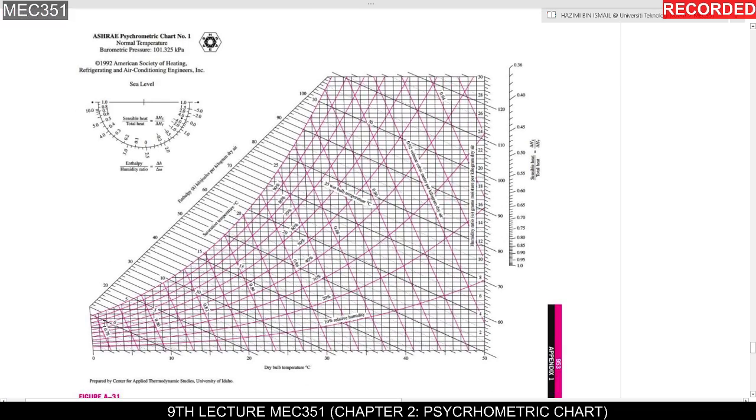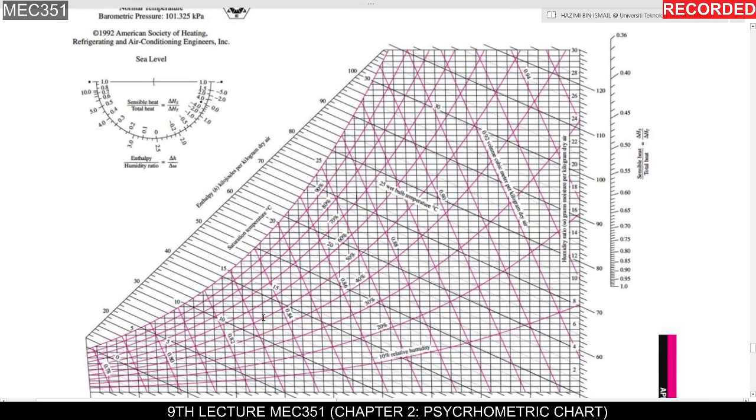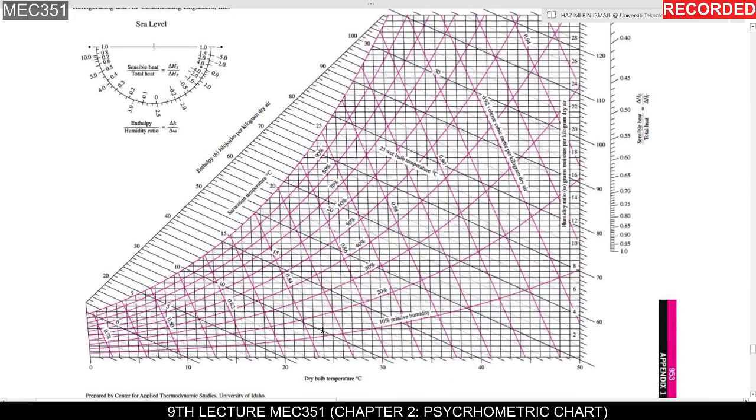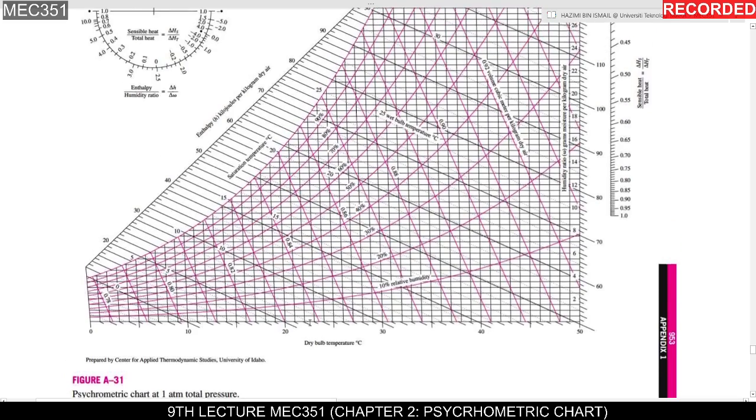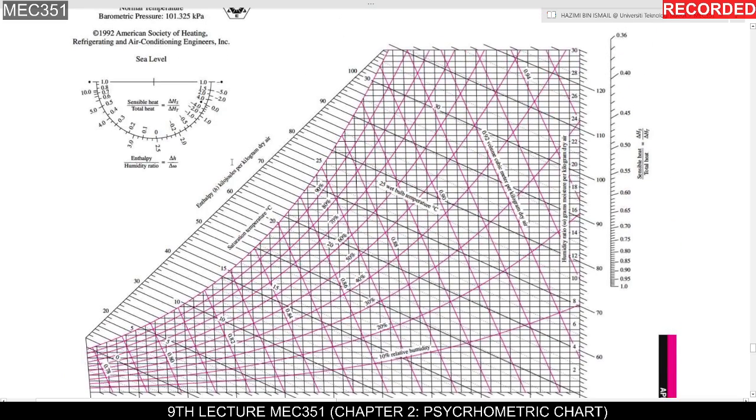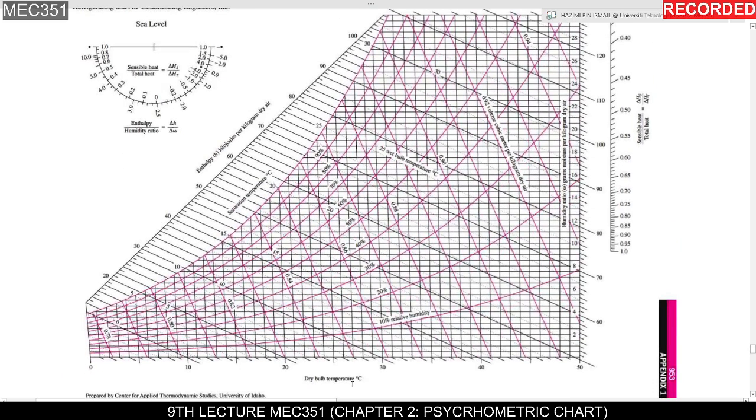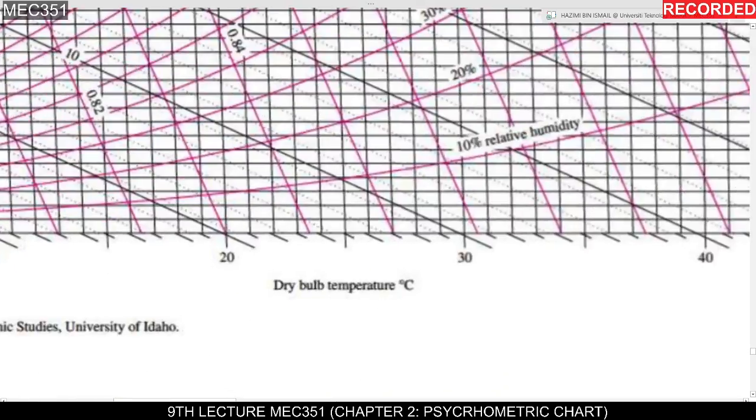So it looks very complicated, but no, it is very simple, because we see there are many axes where you are going to find the value for that particular axis, such as the x-axis here, the dry bulb temperature.